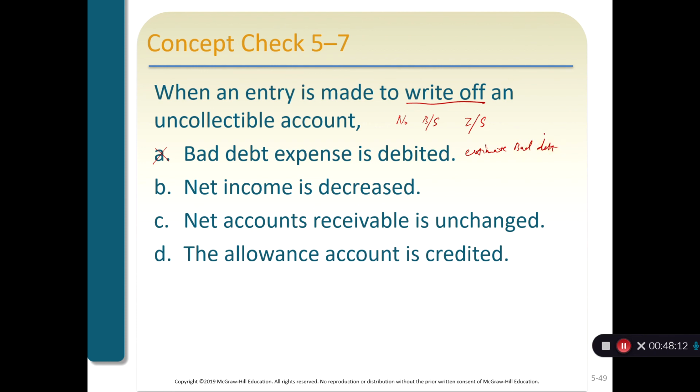And then net income decreases? No, there's no income statement effect. Net accounts receivable is unchanged, right? Because you debit the allowance account the same amount that you credit the accounts receivable account. D, the allowance account is credited? No, the allowance account is debited, right?